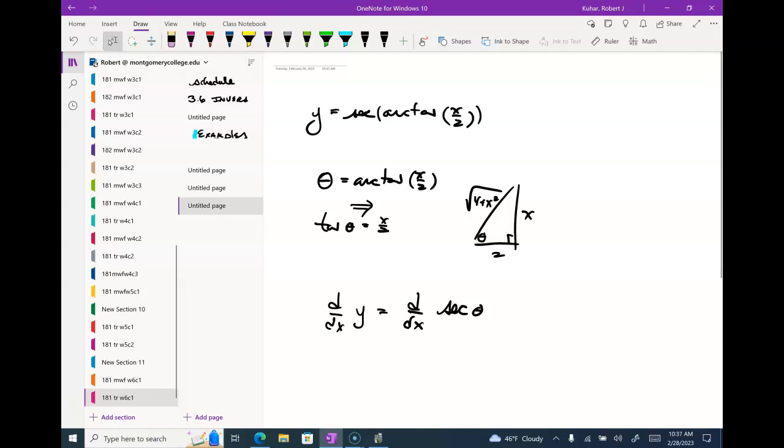So on the left I get y prime, yes? On the right, what's the derivative of secant? Nice, secant theta, tan theta, right? Times theta prime. Derivative of the inside for the rest of your life.